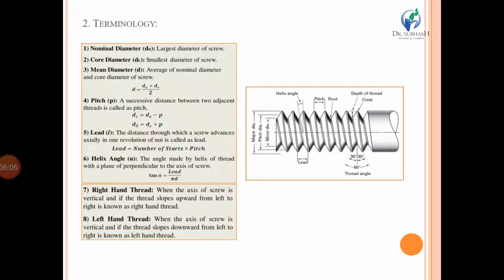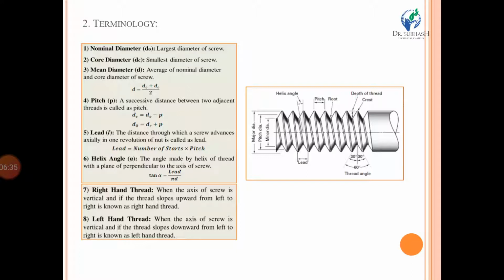So pitch is defined as the distance between two successive or corresponding points of two threads, measured along the power screw axis. That is the pitch, and it can be easily calculated by using a mathematical relation with inner or outer diameter, like core diameter is equal to outer diameter minus pitch. So from that relation you can easily calculate the pitch.